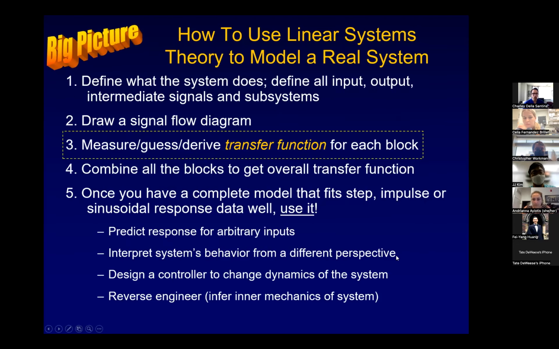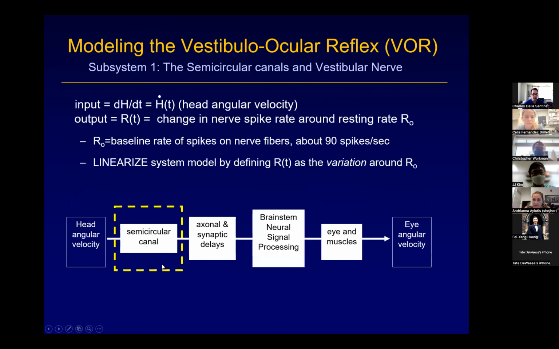All right, so next thing we're going to do is try to measure or guess or derive a transfer function for each block in this system. So let's try that with this first one. You already know a lot about it. I told you that when you turn your head, say to the left, your head angular velocity has increased. I'm going to use this notation because that's what Dr. Robinson uses in his paper.